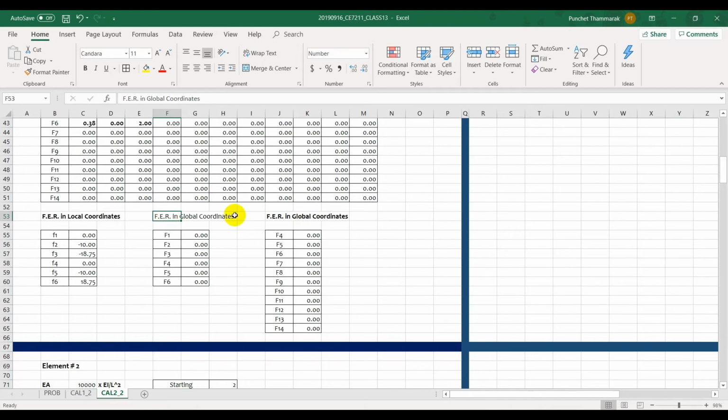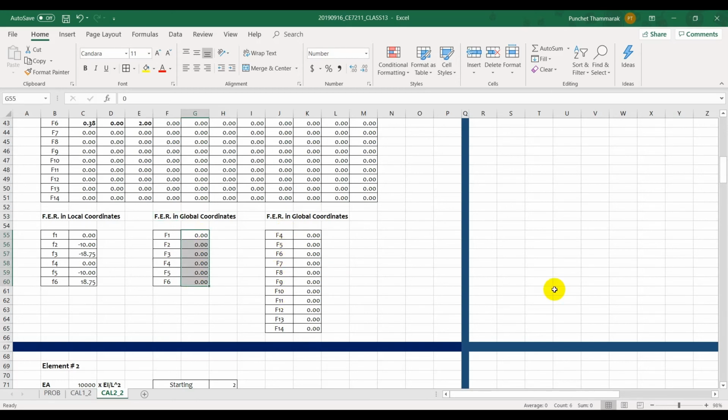The right hand side one is the setup in the system matrix, but it is still the fixed reaction in global coordinates, but in the different array size.